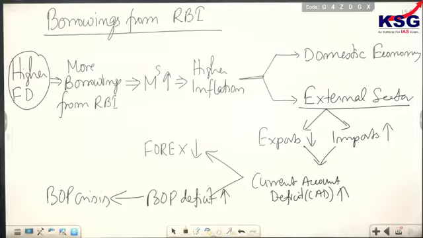And recently you can see Sri Lanka is also facing a BOP crisis. So even for the Sri Lankan economy, you can explain how a higher fiscal deficit is going to create the BOP problem. You can do that. So this interlink, first you write, all of you.